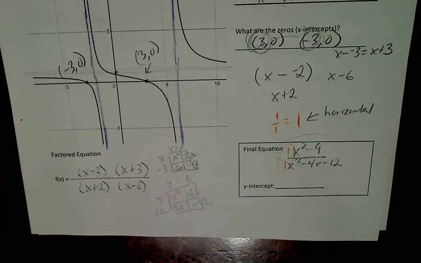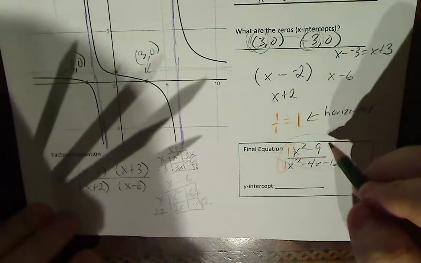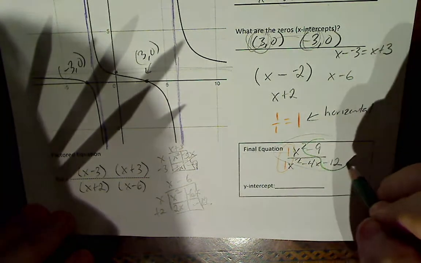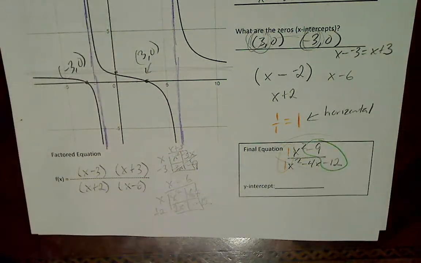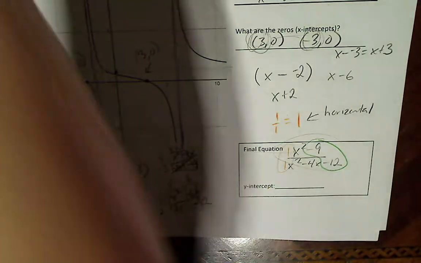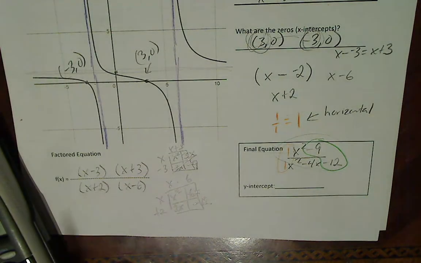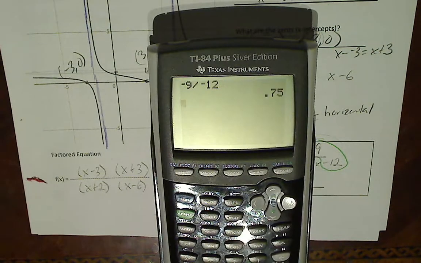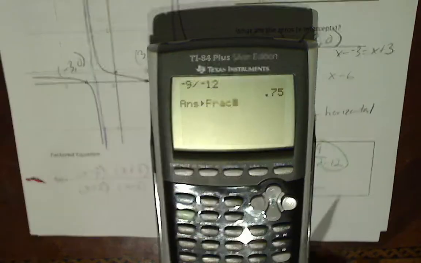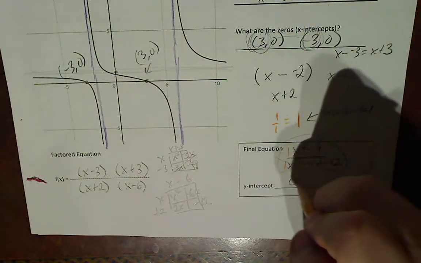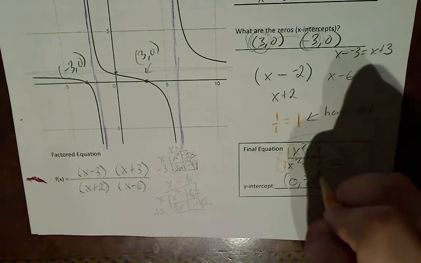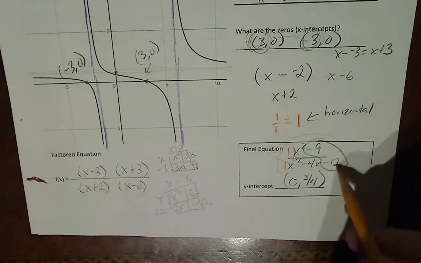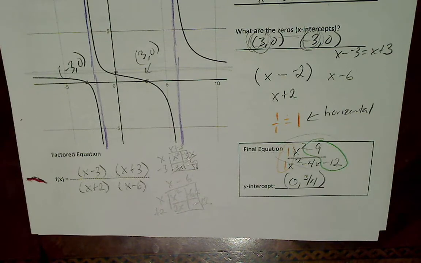You take your equation and look at the two numbers that don't have x values, this -9 and this -12. -9 and -12 become 0.75, which as a fraction is 3/4. So my y-intercept is going to be at (0, 3/4) because of these two numbers. And there you have it.